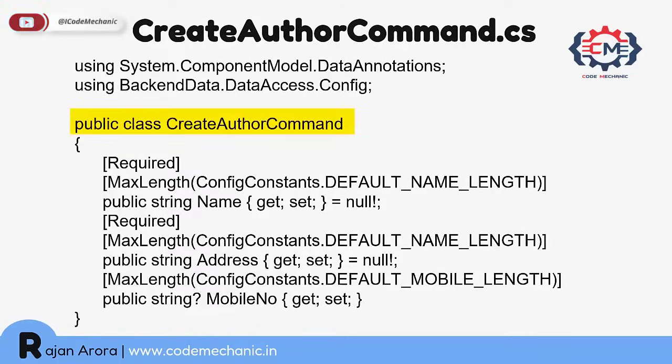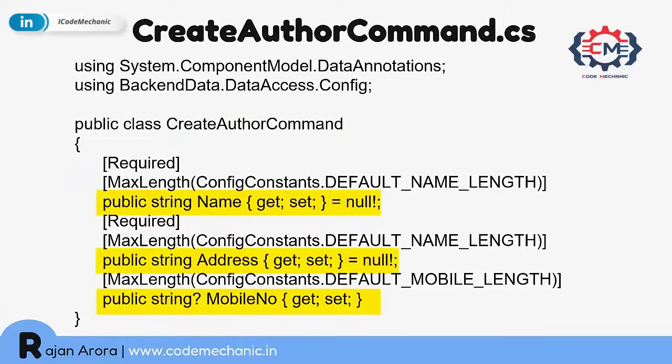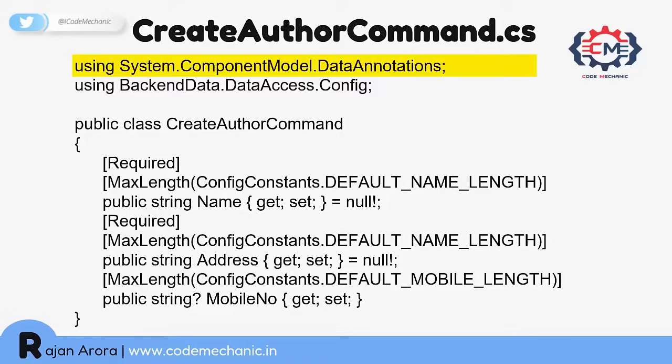In this example, you can see that it is a class and it includes 3 string properties: name, address, and mobile number. Because it is a DTO, there is no encapsulation. That means there are no protected, internal or private accessors. Everything is public. And because it is used for creation and the server is generating the keys, there is no ID property.